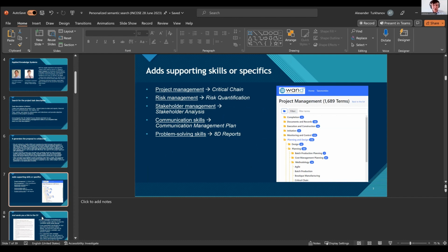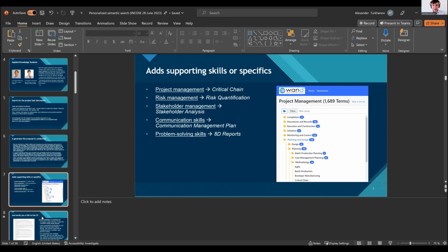So project management skills, you also need risk management, stakeholder management, communication skills, problem solving skills. Again, these are all skills that have been proposed by the machine based on the generated proposal to collaborate. And I say, okay, can we be a bit more specific? And it goes to some industrially curated taxonomy.